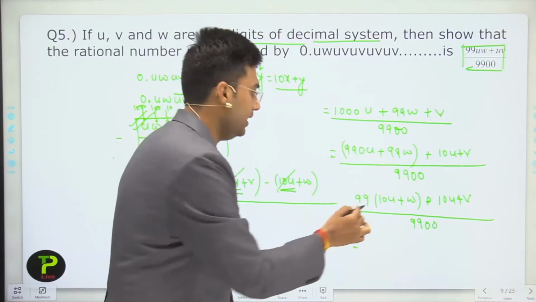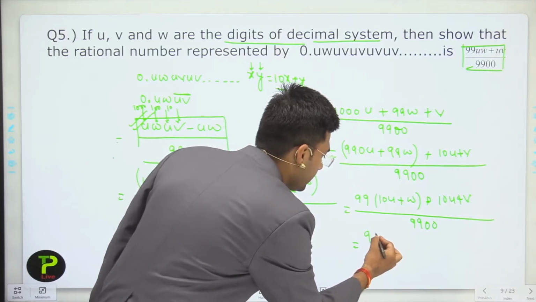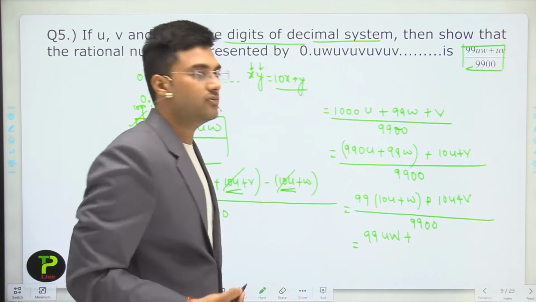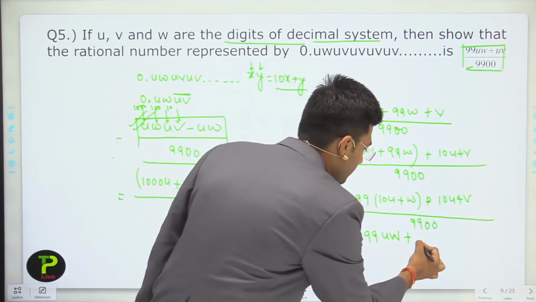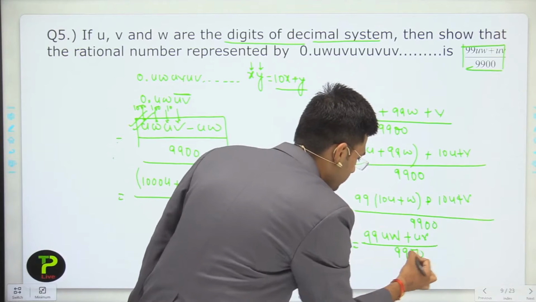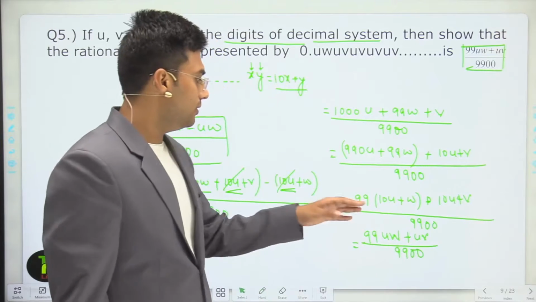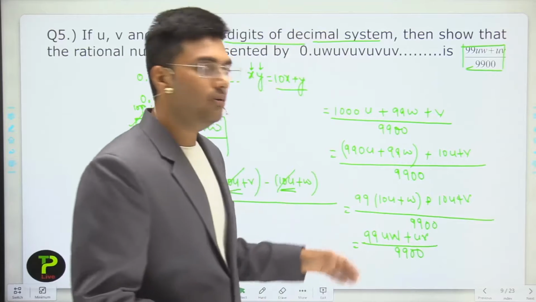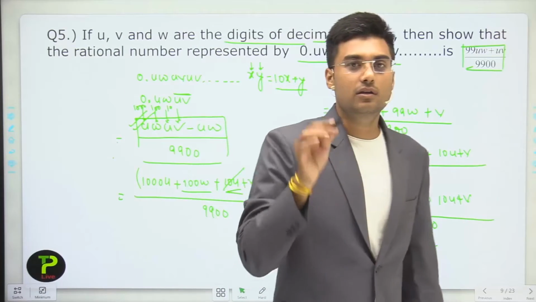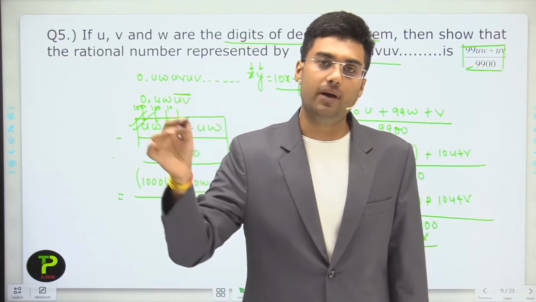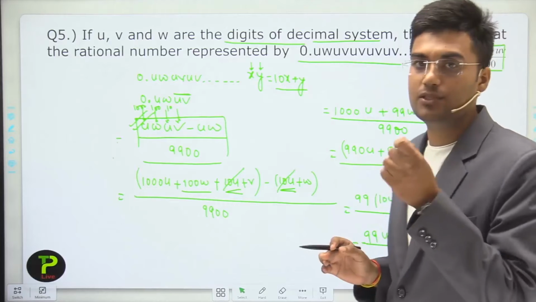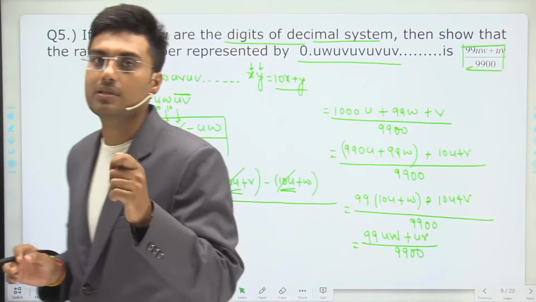Okay, so here 10U plus W can be written as UW and 10U plus V can be written as UV, divided by 9900. So now we have proved that this number 0.UW bar can be written in the form of 99UW plus UV divided by 9900.